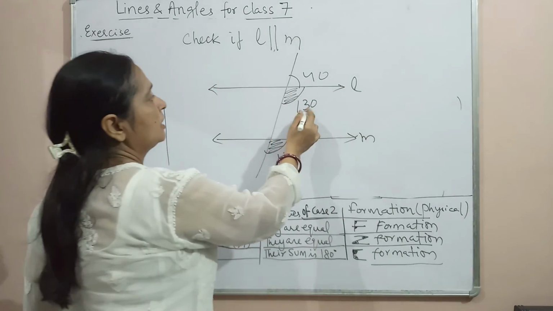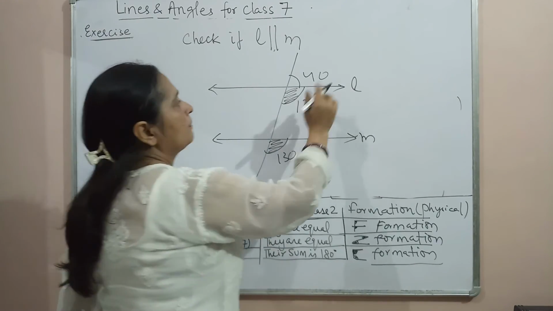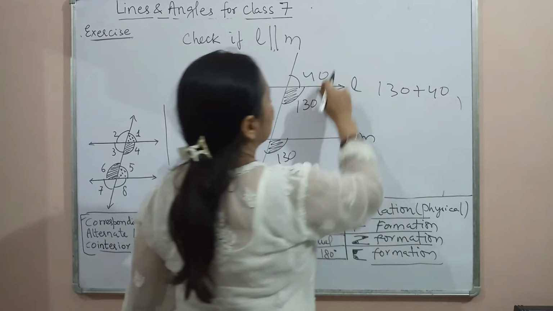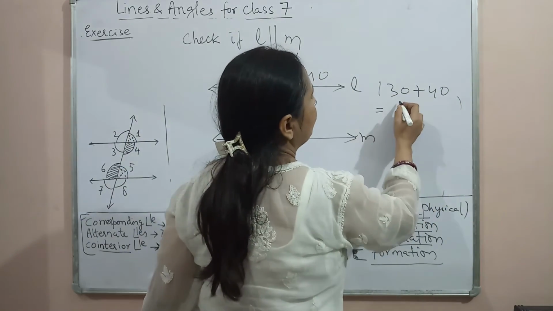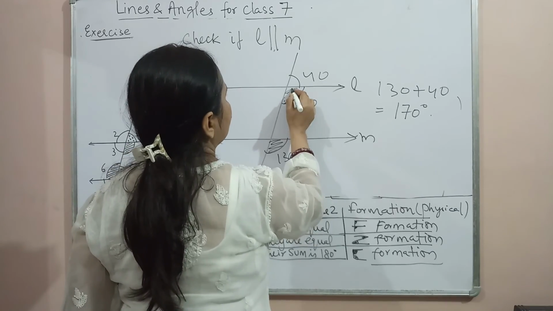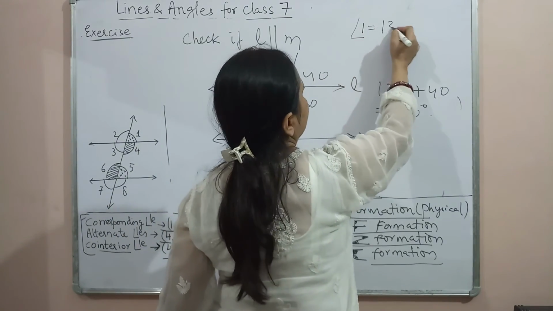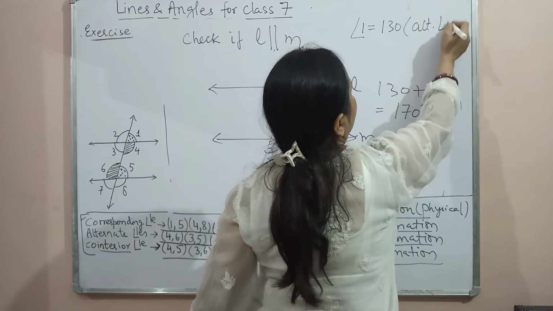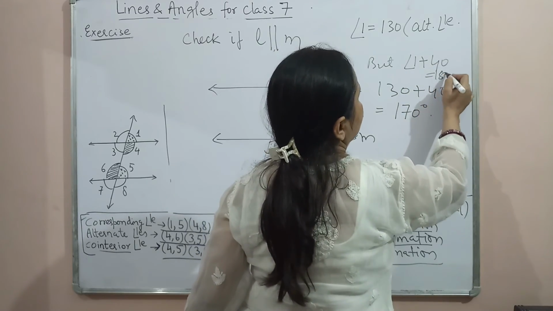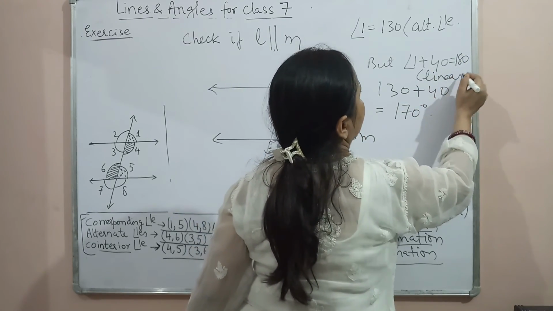Right. If this is 130, okay, if we assume so, this will also be 130. Now check whether 130 is possible here. If you add 130 plus 40 degrees, both should make 180, which is equal to 170 degree. That means, suppose this is angle 1. Alright, so how do we write? Angle 1 is equal to 130 degree because they are alternate angles. But angle 1 plus 40 should be equal to 180 degree because they are a linear pair.